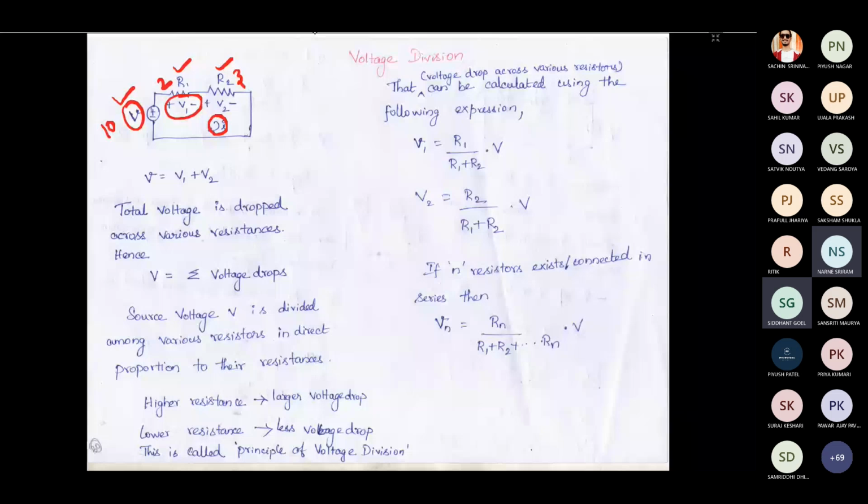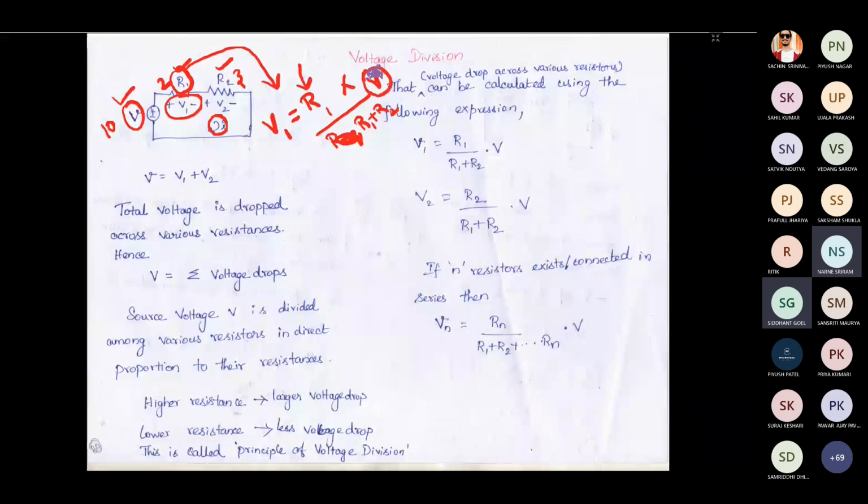If you want to find the voltage across this resistor R1, that is V1, it can be written as R1, the resistor for which you want to find the voltage, divided by the sum of the resistances in the series elements, here R1 plus R2, multiplied by the overall voltage, which is already given.